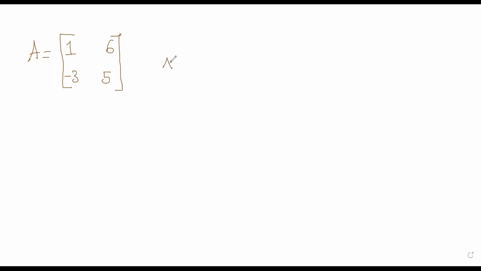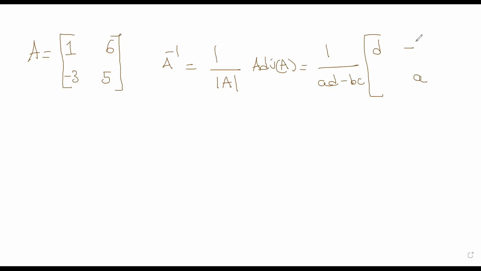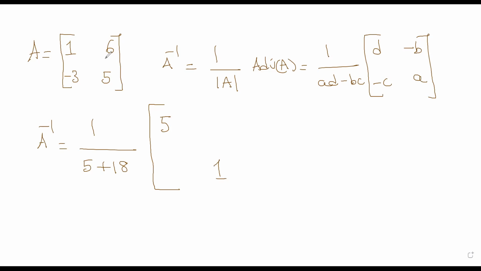A inverse is 1 by det A times adjoint A. Here, for a 2 by 2 matrix, it is 1 by AD minus BC times D, minus B, minus C, A. So we plug in the values. A inverse equals 1 by 5 plus 18, right? 6 times 3 is 18. And then the matrix is 5, minus 6, plus 3, 1.